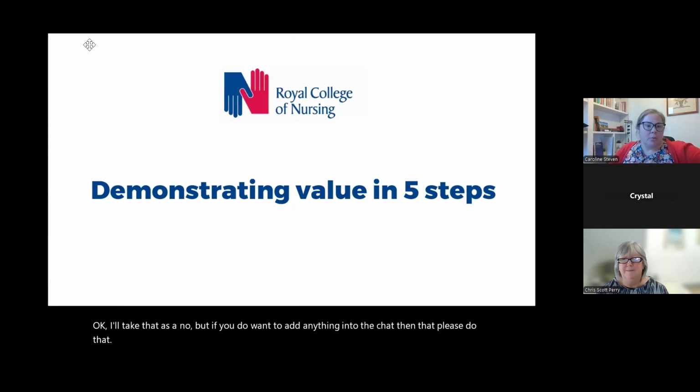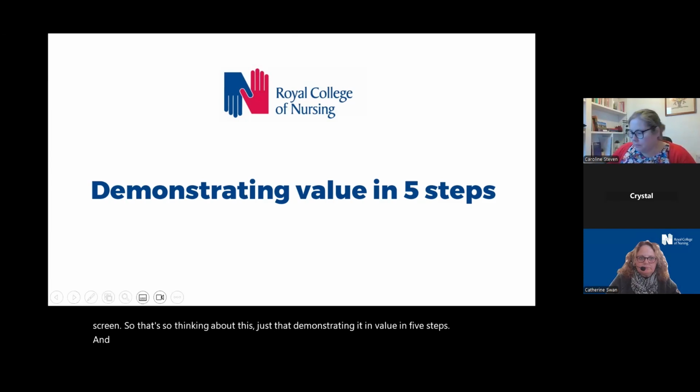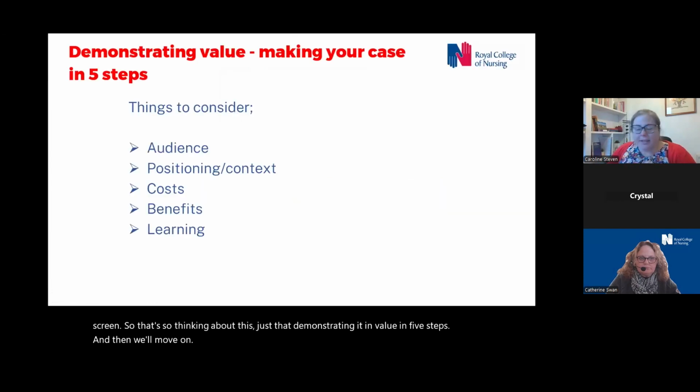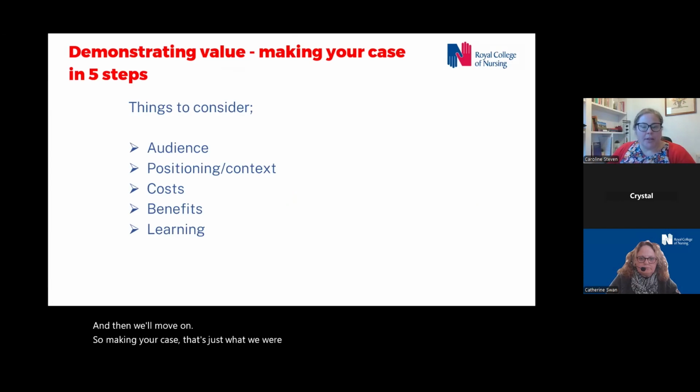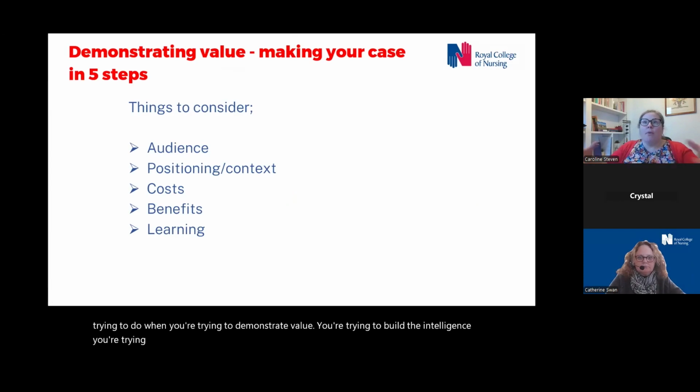So I'm just going to do a wee bit of a summary, demonstrating value in 5 steps, and then we'll move on. Making your case, that's just what we were talking about, is really what you're trying to do when you're trying to demonstrate value. You're trying to build the intelligence and pull on the evidence. That evidence could be literature.